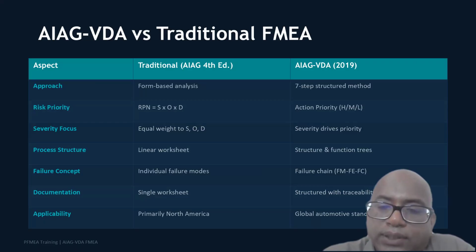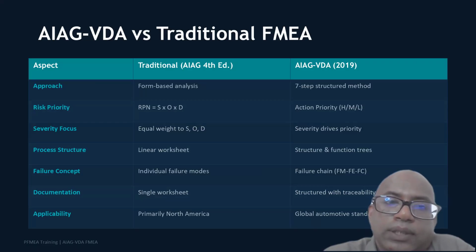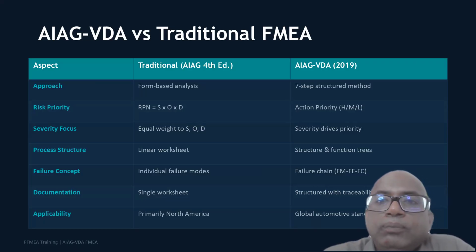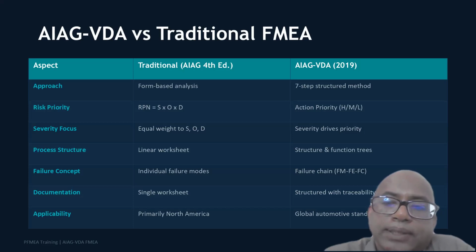AIAG VDA version 2019 introduced this version. We will show that approach. The traditional version approach is form-based analysis, all right? But the AIAG VDA version, the new version approach, is a 7-step structured method.